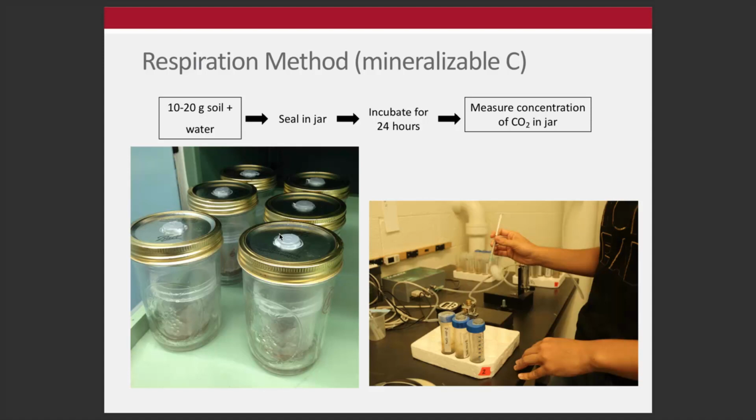We add water, immediately seal it, incubate it for a day, and then we simply use a little syringe here, push the syringe in the septa, withdraw some of the air in there, and then inject it into an instrument, an infrared gas analyzer, and it reads CO2 concentration. This little box is a little infrared that reads concentration of CO2. So you get concentration of CO2, and it's a very simple test.